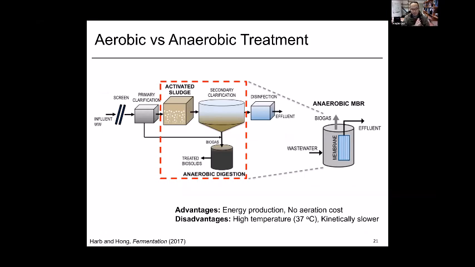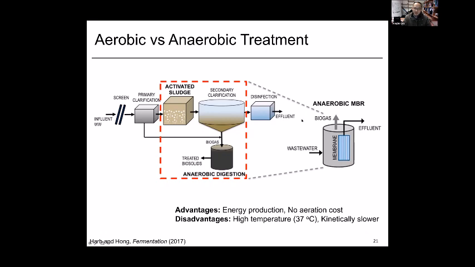If the whole aerobic process can be replaced by an anaerobic process, we can convert most of the organics into CH4, methane. So the anaerobic process has much higher potential to produce energy from wastewater. At the same time, it doesn't need aeration, so the energy cost for aeration can be greatly saved, which is currently more than 40% of the energy cost in conventional wastewater treatment processes.